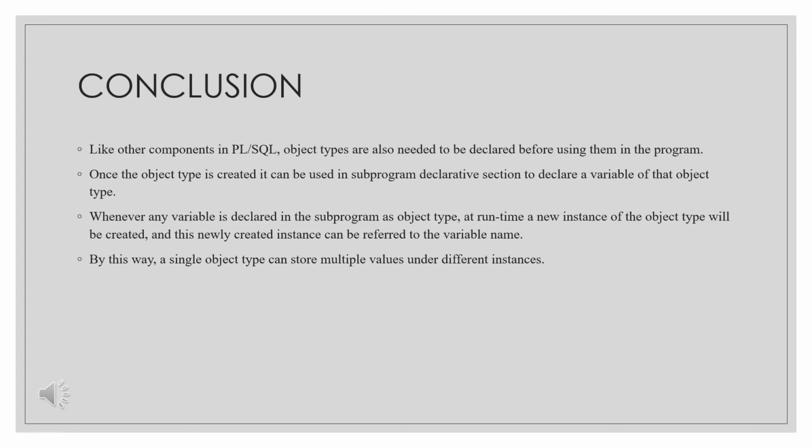There are multiple ways in which object types can be useful for us. We created an address object type, of which we created an object named residence, initialized it with some values, and printed it in the command prompt. This is simple to understand, and this is all. Thank you.